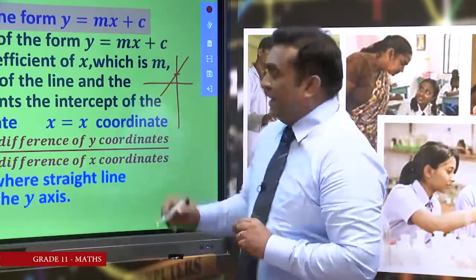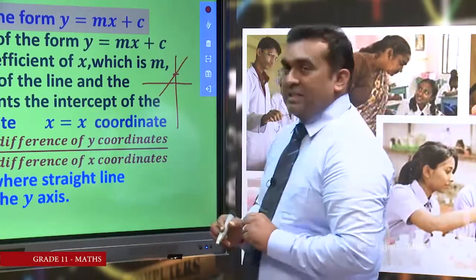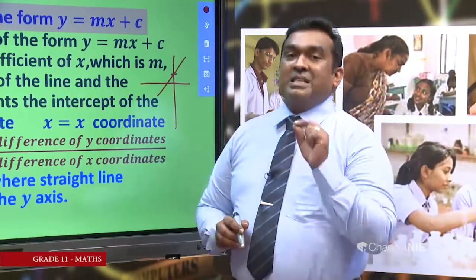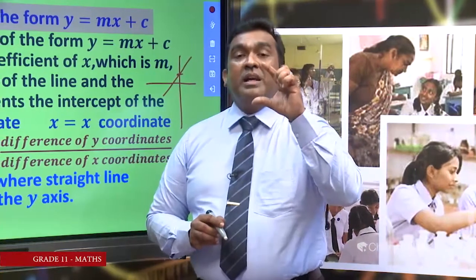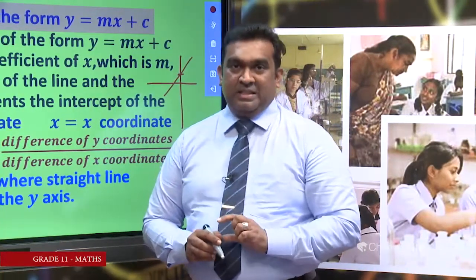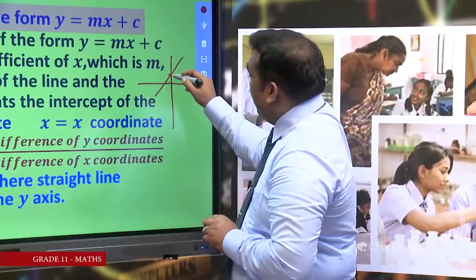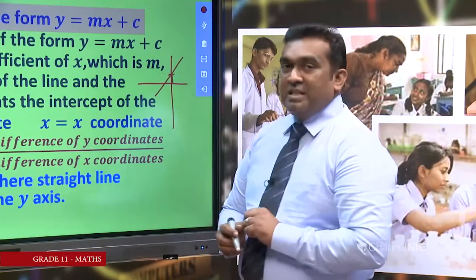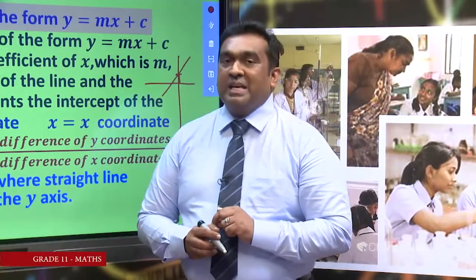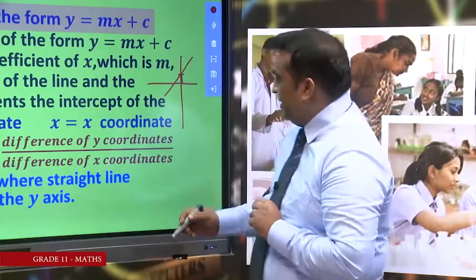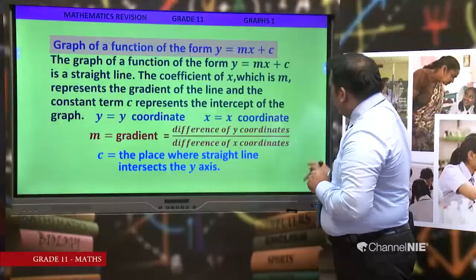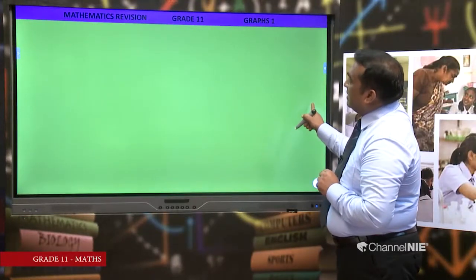The y coordinate at this place is the intercept, or the vertical distance of the straight line. Here you can see a vertical distance. This is also known as the intercept, right?